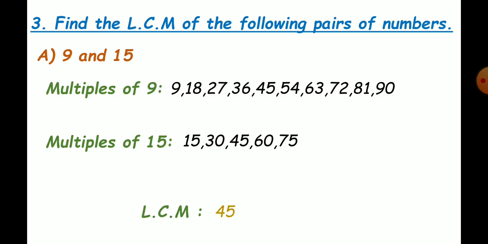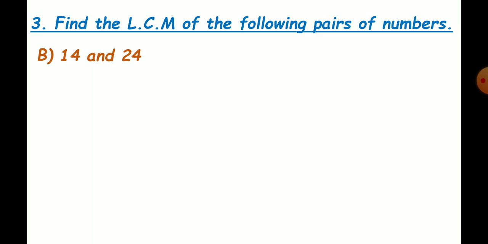Okay. The next numbers, 14 and 24. So we are going to find the common multiples of 14 and 24. First start with the smallest number, 14.